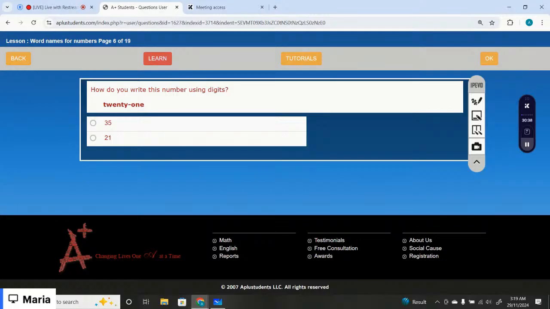How do you write? That is option number 2, 21. 2 and 1 makes 21.